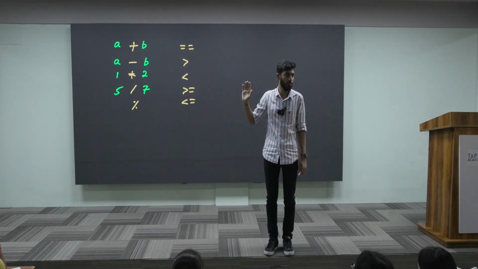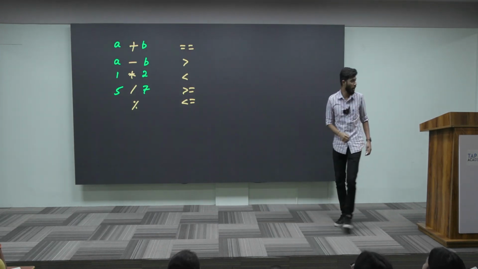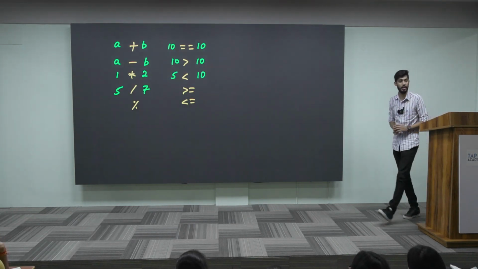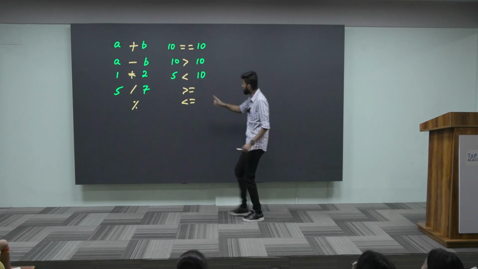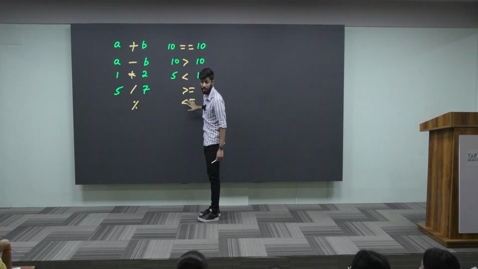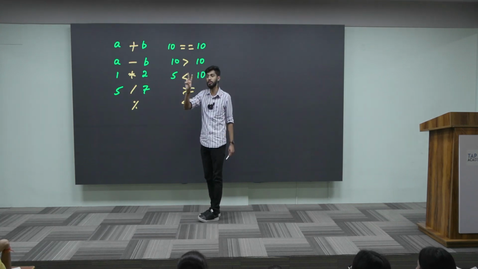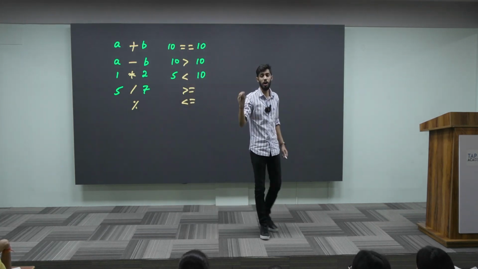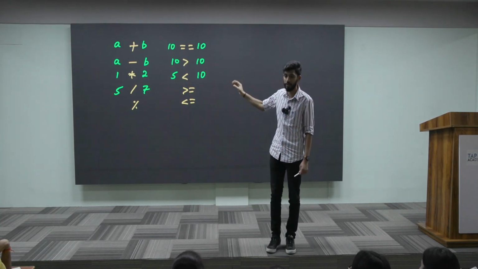It's not unary operators. Because even over here, how will you write the code? You will write 10 equal to 10, or 10 greater than 10, or 5 lesser than 10. This is how you will write, correct or not? Now, this is checking the relationship between the two operands. And how many operands are there over here? 2 operands. If the operator is dealing with 2 operands, it is called a binary operator.